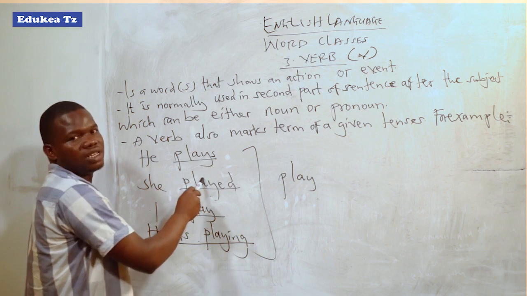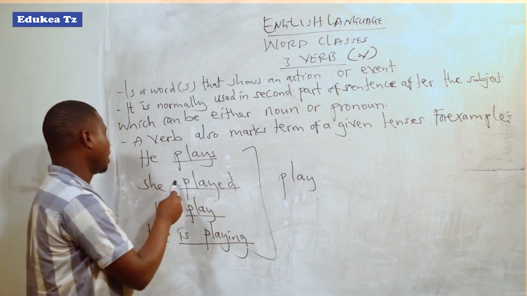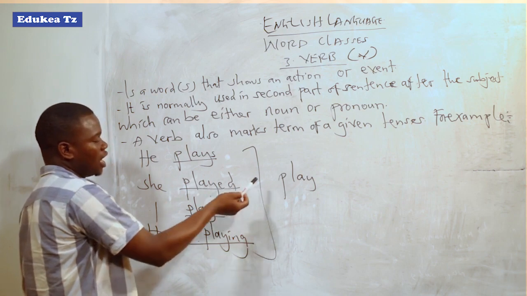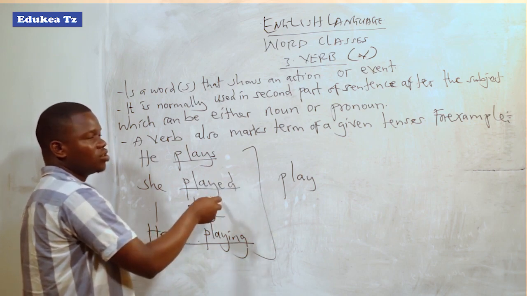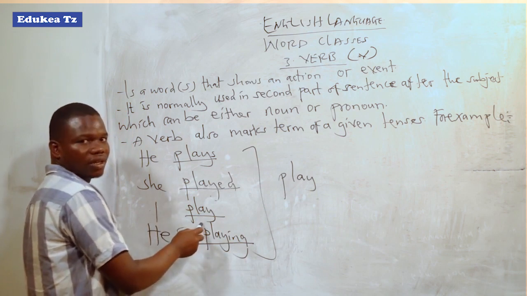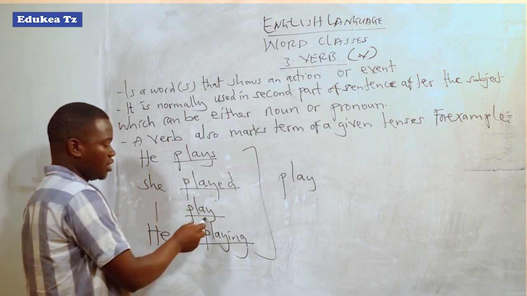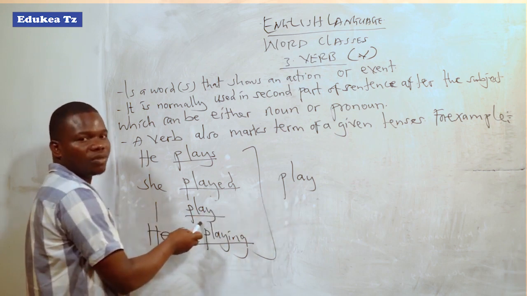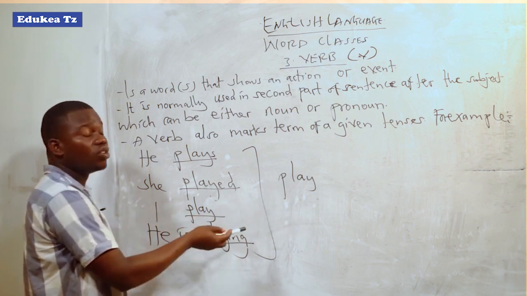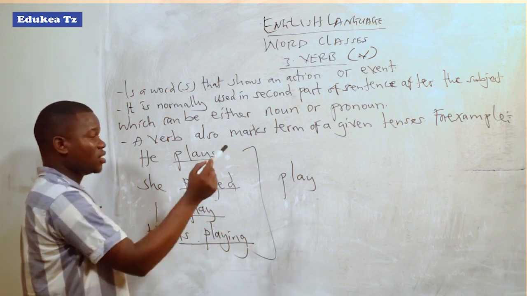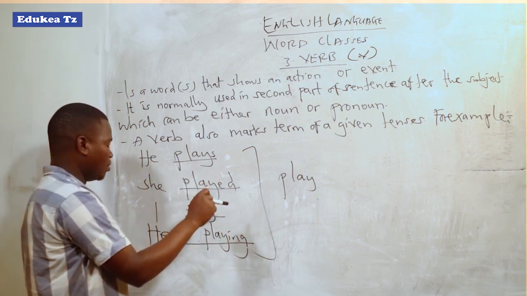Here we have ed added, so we say she played. This ed has been added to show a certain time. Again we have I play. Also in this I play, we can see that the verb is in its own form, that is the base form. There is no addition in this word because of a certain tense or time.